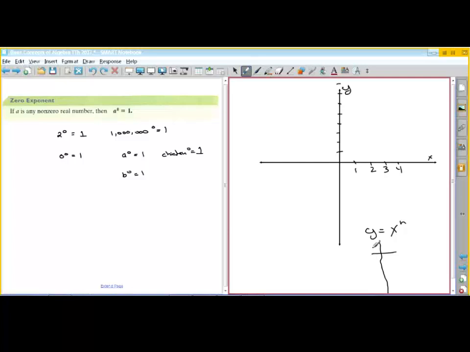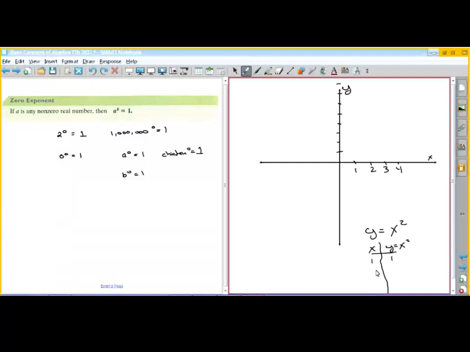I'll use a specific value of n, so y is equal to x squared.